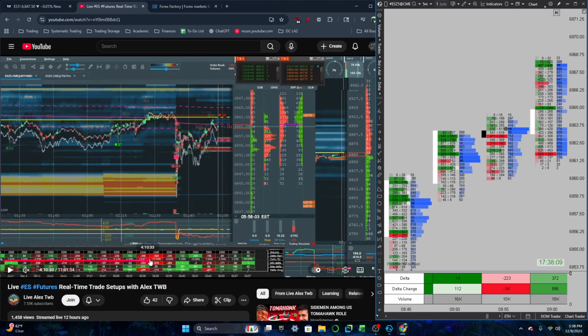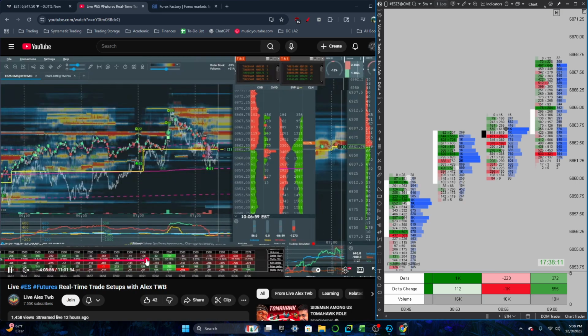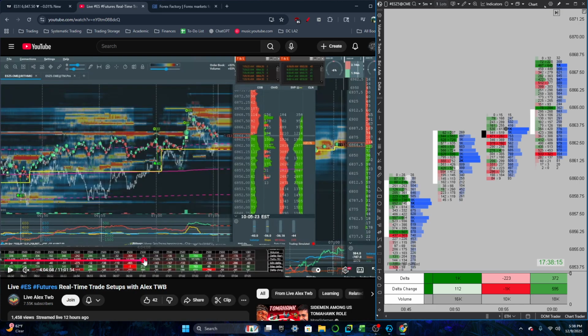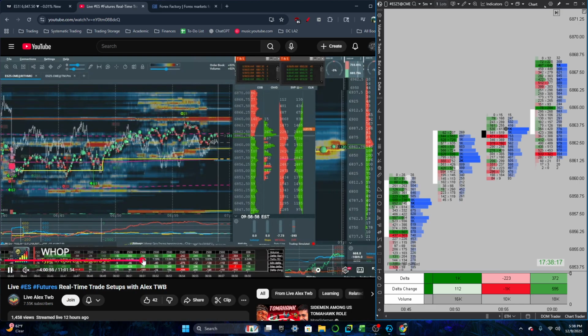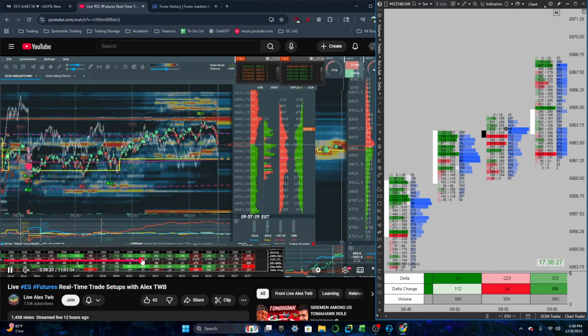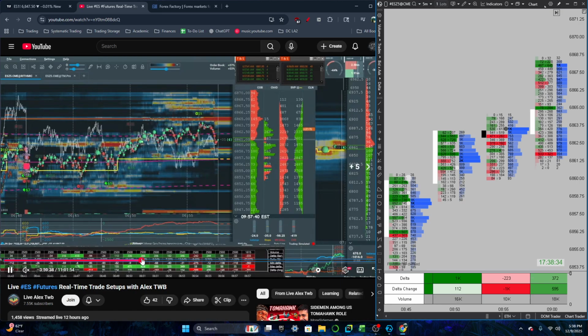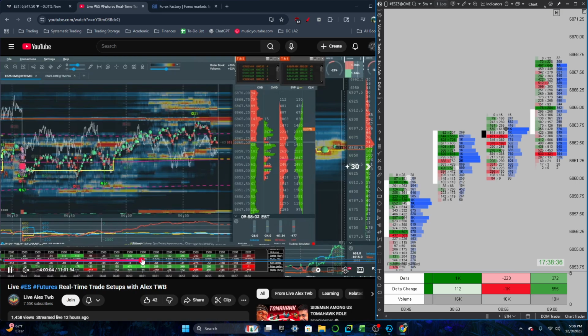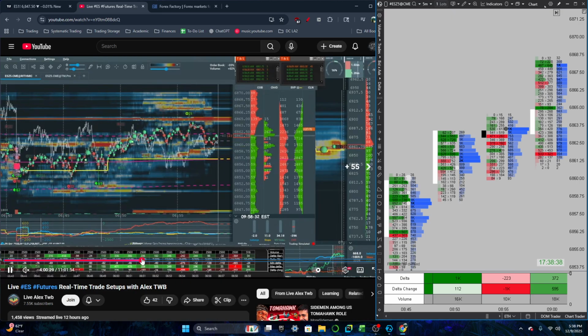I just restarted it. Let me just... got pretty close to being stopped at a few ticks away. But again, that 6.0 level did hold really nicely.